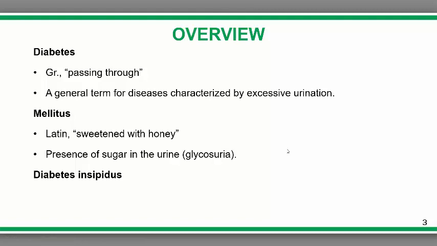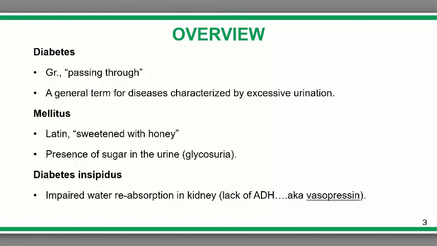One other type of diabetes that we will not address in Unit 4, but worth mentioning here, is diabetes insipidus. And diabetes insipidus is a condition that is characterized, coming back to our first definition here, by excessive urination. But this excessive urination with diabetes insipidus is not driven by any alteration in glucose metabolism, but is actually a reflection of a hormonal issue.